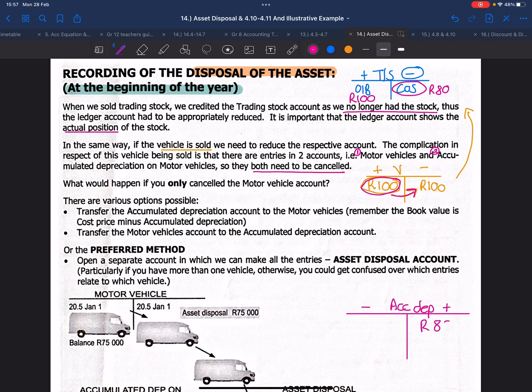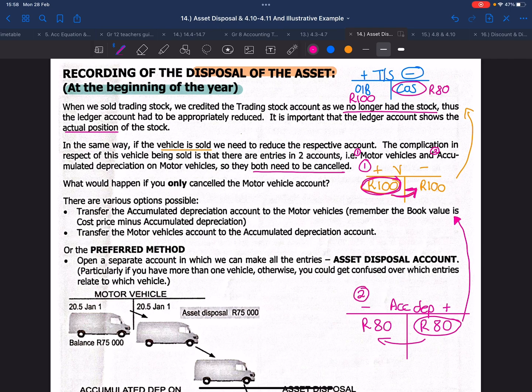If we have accumulated depreciation of 80 Rand, we would have to do the same thing and take it out of our books of 80 Rand, because we can't now say take this motor vehicle out of the books and then our books still reflect accumulated depreciation relating to this vehicle if we've actually sold it. So we need to then take both of them out of our books. So that's where the complication comes in, because we need to adjust both our motor vehicles and our accumulated depreciation on motor vehicles account.